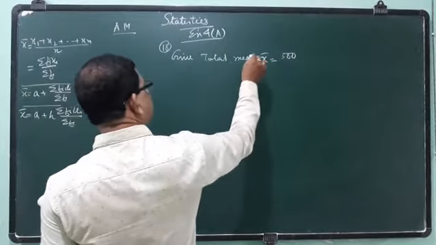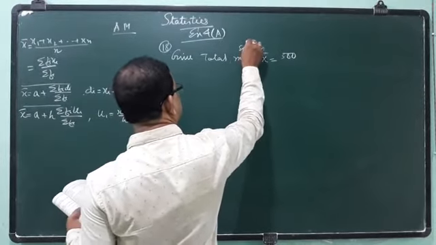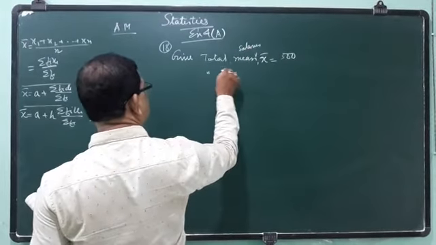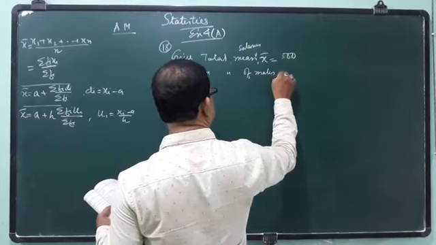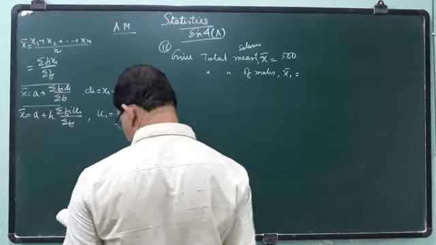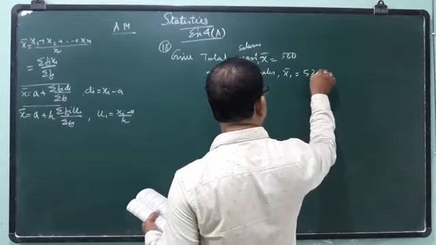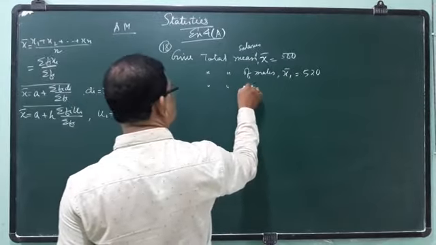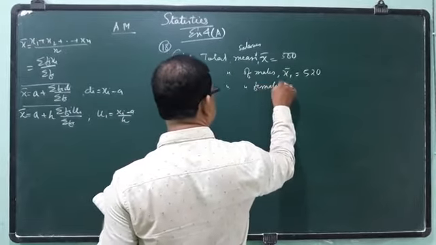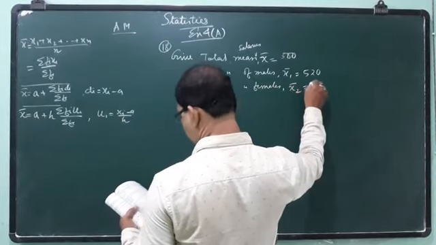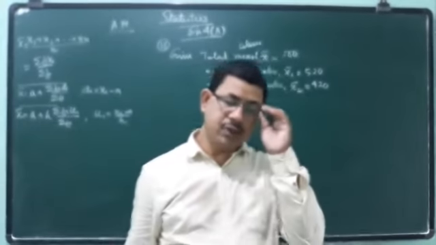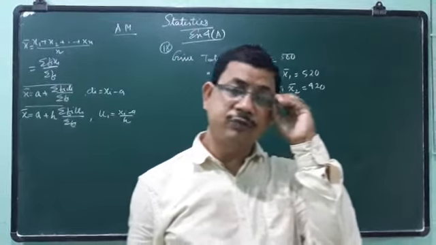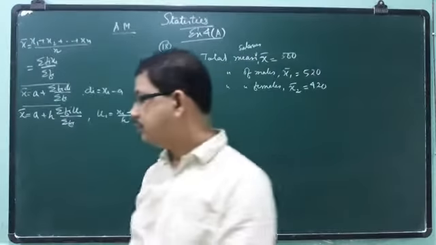Then total mean salaries of males, suppose it is x1 bar, they have given 520, and mean salaries of females, suppose it is x2 bar, is 420. We don't know the total numbers as well as the number of males and females. So students, that is not within our hand, that we are going to take.